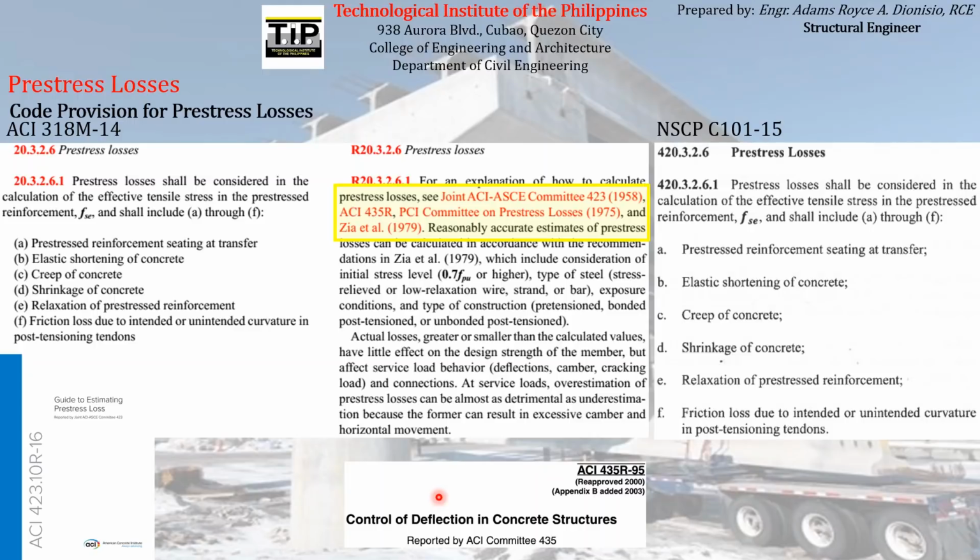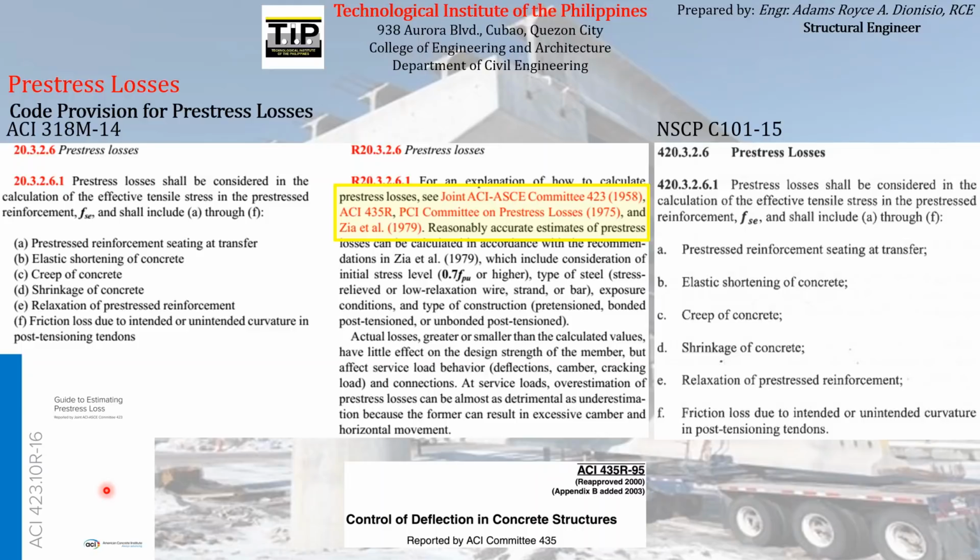If you refer here, some of the provisions specified in these references are, like what I've said before, almost the same. Some of the computations of the pre-stress losses specified here are almost the same across these different references, although not all, especially the guide to estimating prestress loss.